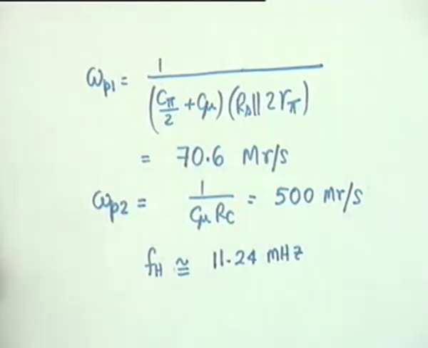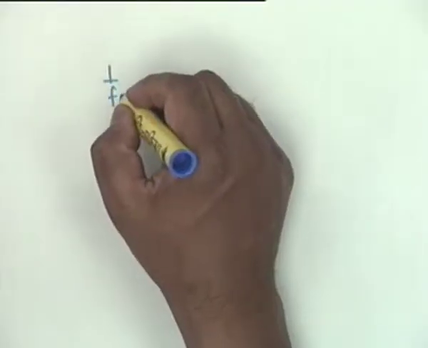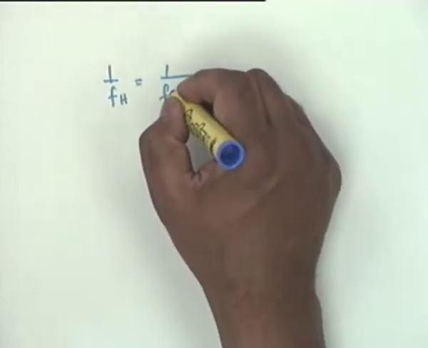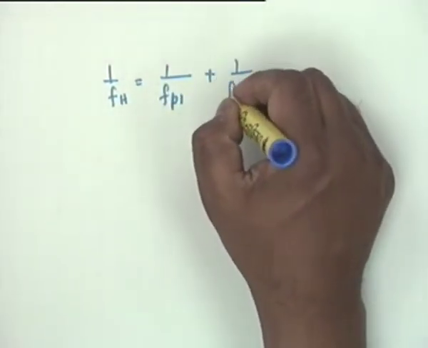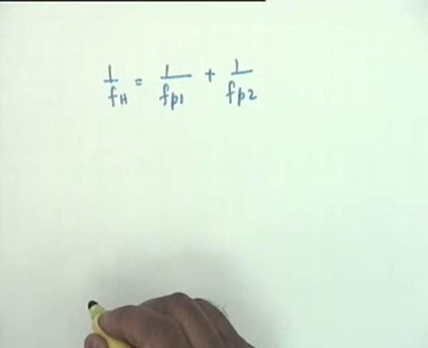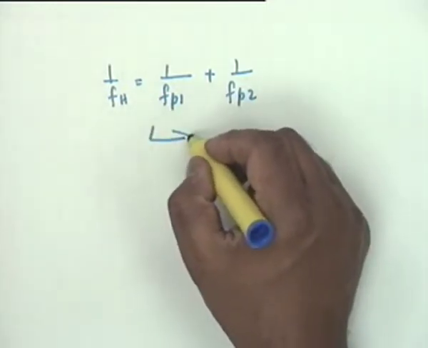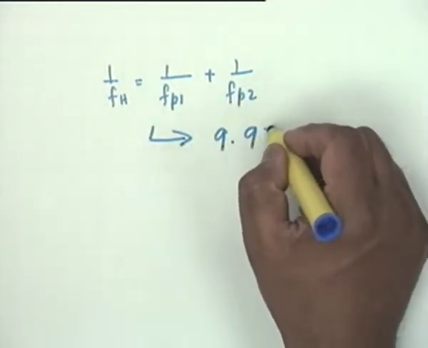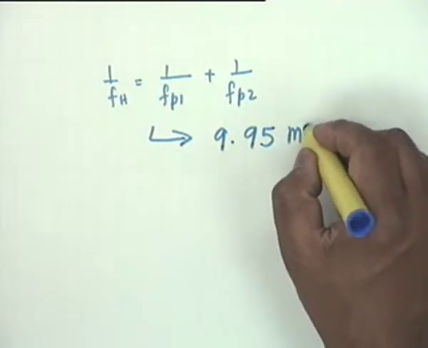On the other hand, if you use the time constant addition formula, 1 by Fh equals 1 by Fp1 plus 1 by Fp2, and substitute the values, this leads to a figure of 9.95 megahertz.